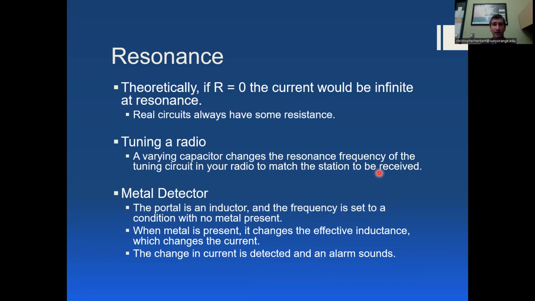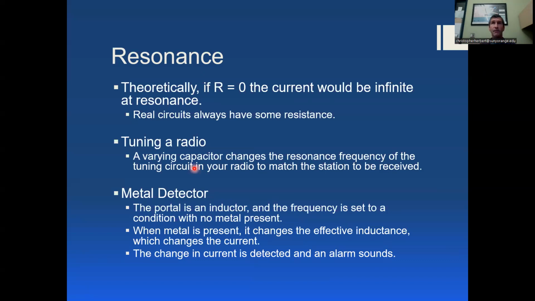And we can also use this idea of resonance for a radio. By using a variable capacitor, instead of plugging into the grid, we are using an antenna, which is basically picking up induced voltages from radio waves.